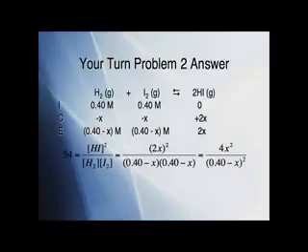So that change is reflected in the ICE chart. And then finally at equilibrium, we would have 0.4 minus x moles per liter for each of the H2 and I2 reactants, and then 2 times whatever that value for x is will be the molar concentration of HI.